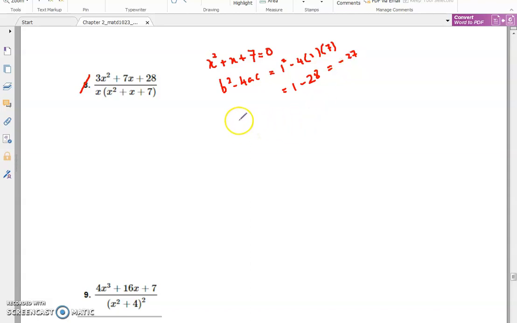So over here we can say that the value of b squared minus 4ac is actually less than 0, which means you will never get the real factor. So here you can consider x squared plus x plus 7 as your quadratic factor, since you cannot factorize it into real parts.